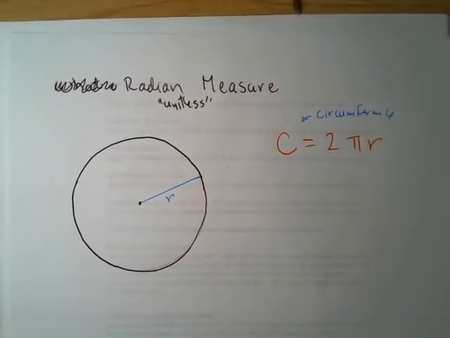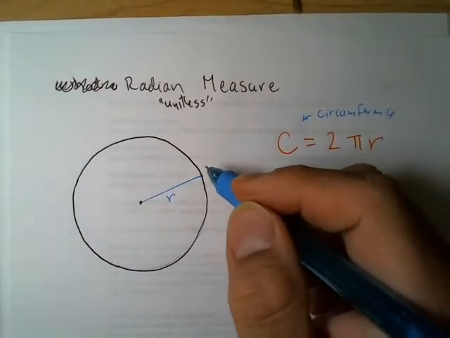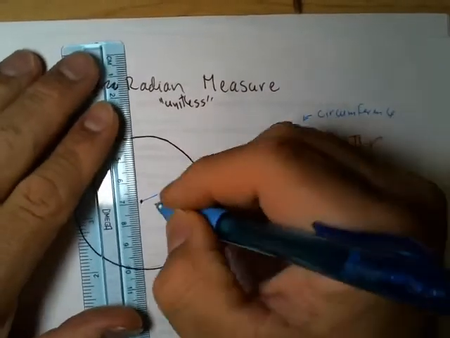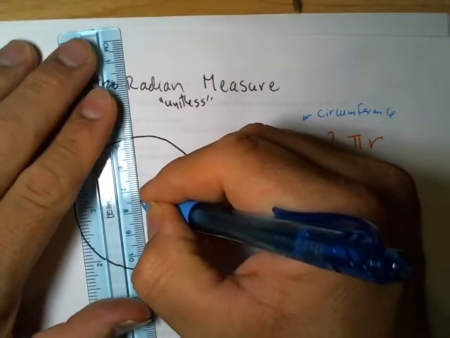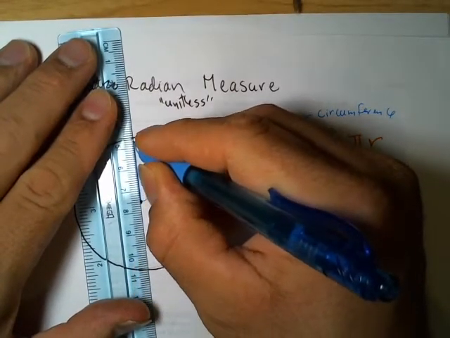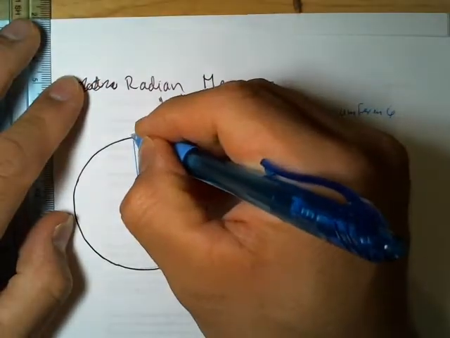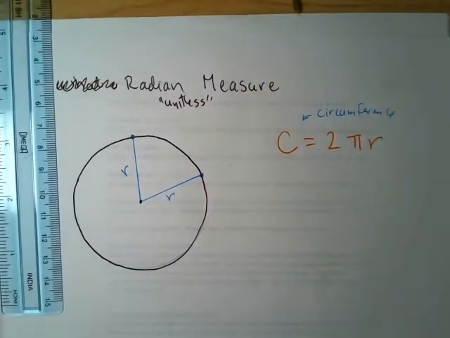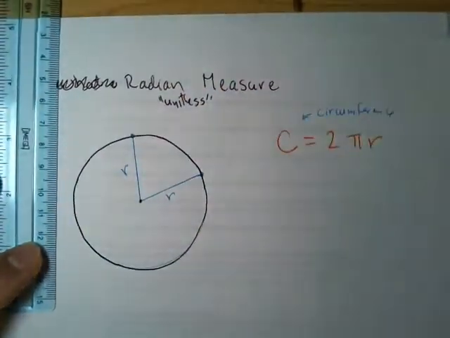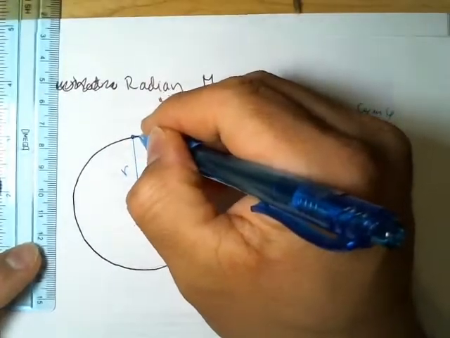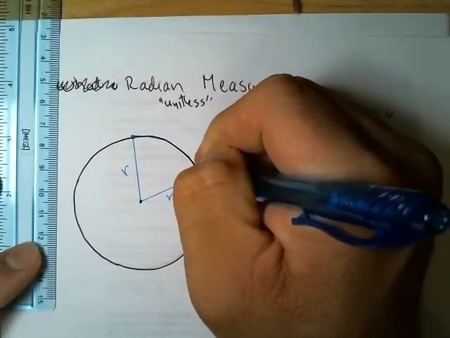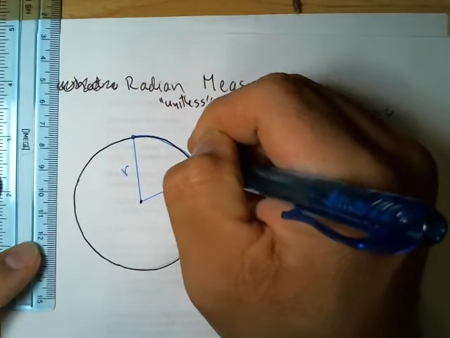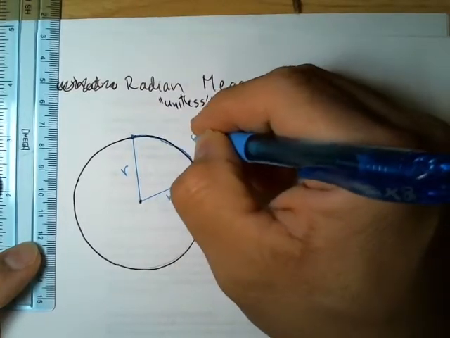Now, what if I didn't go all the way, the whole circumference, but instead just part of it here? Again, this is also r. So we're going to describe another quantity, what's called the arc length, and that would be this, s.